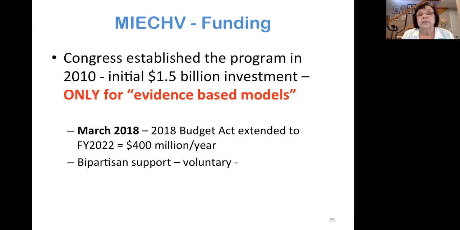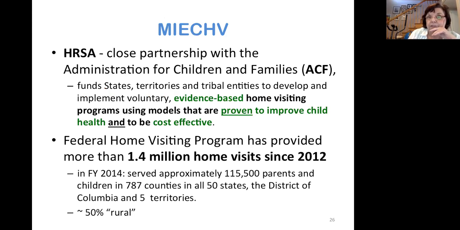So as late as March 8, 2018, that budget extended the funding to fiscal year 2022. So the funding has been secure, $400 million a year to support these high-risk families, and very good bipartisan support. I'll talk to you a little bit about that too.